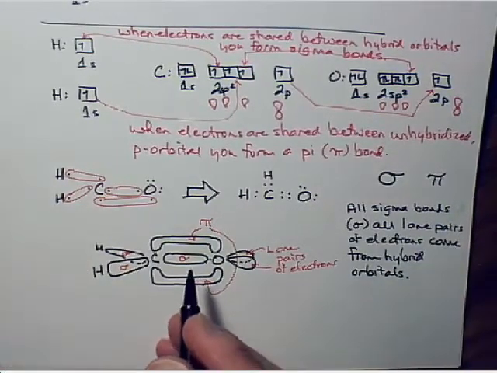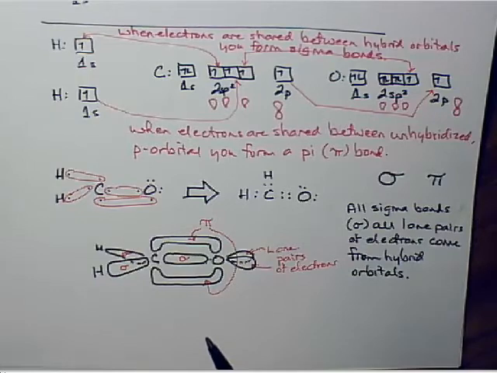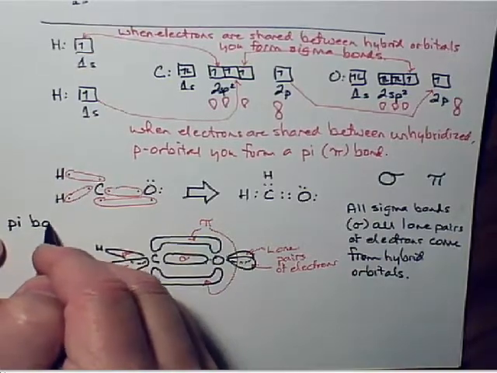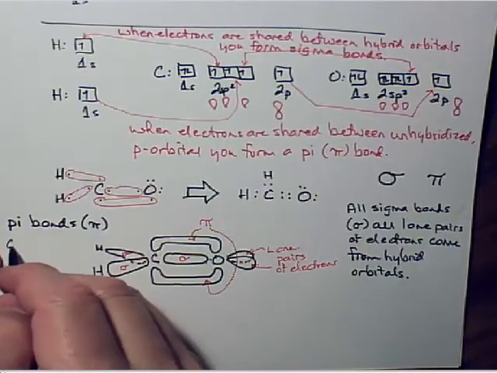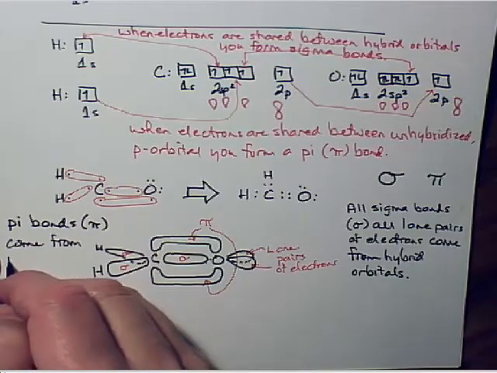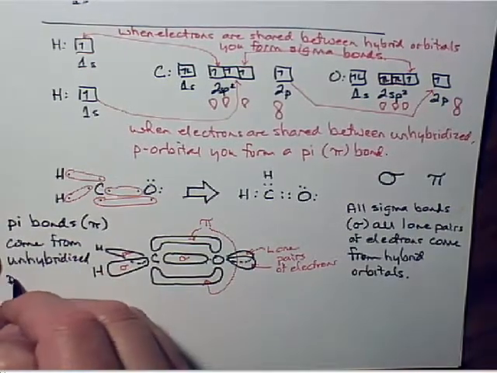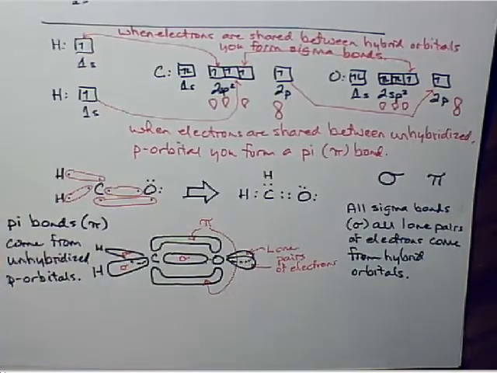Those orbitals might be sp3s, they might be sp2s like we're looking at today, or they might be sps, which we'll look at tomorrow. Okay? Pi bonds come from unhybridized p orbitals. Everybody got that?